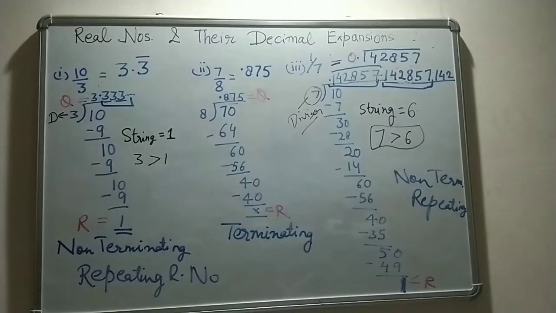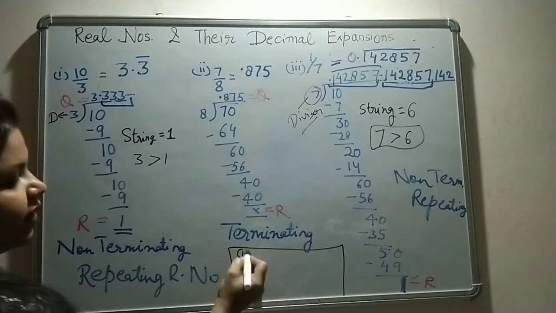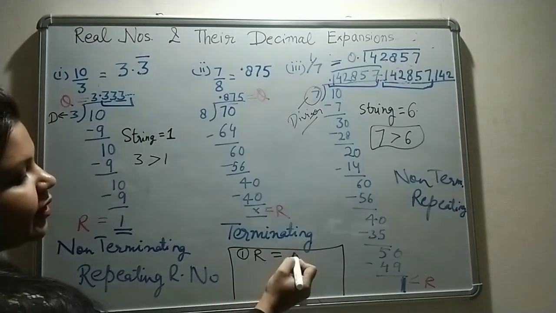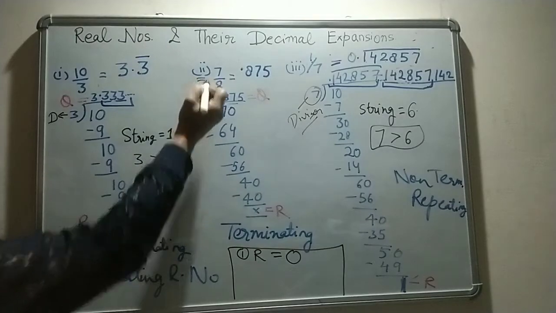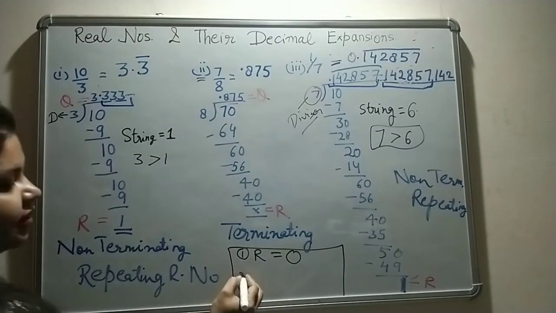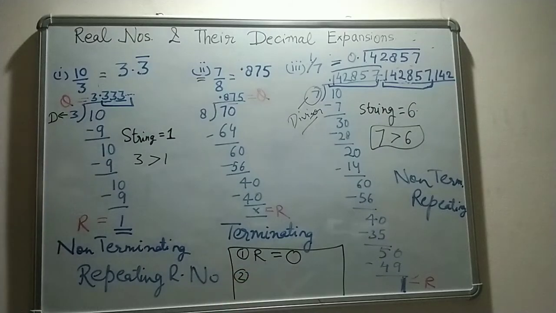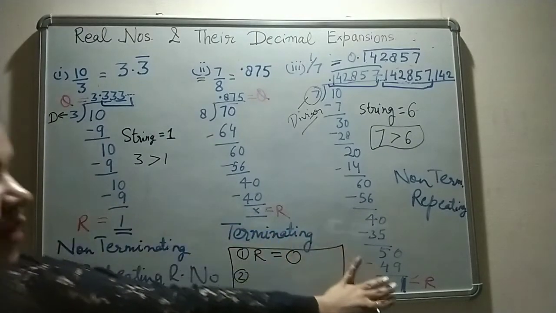So till here we can easily conclude the two cases. Number 1, the remainder will become equal to 0, like in this case. In the second case, the remainder came out to be 0. And the second point to remember is that the remainder will never become 0, like in the first case and the third case.